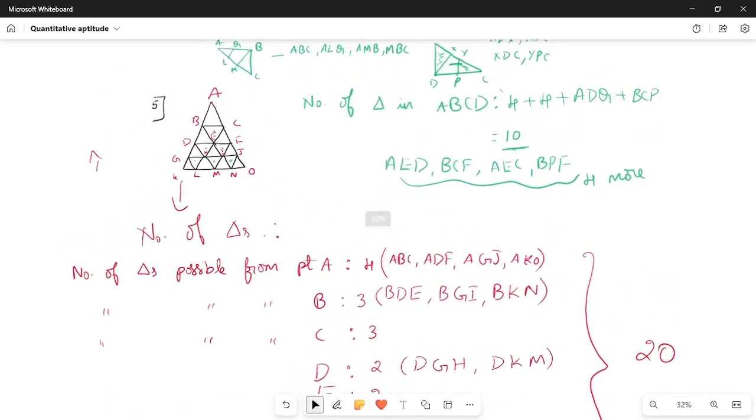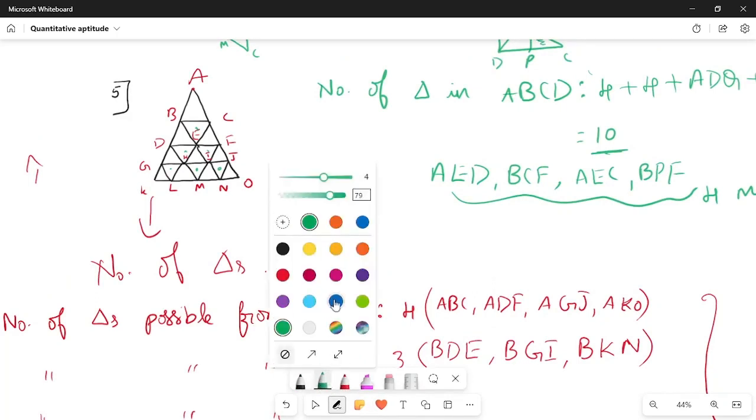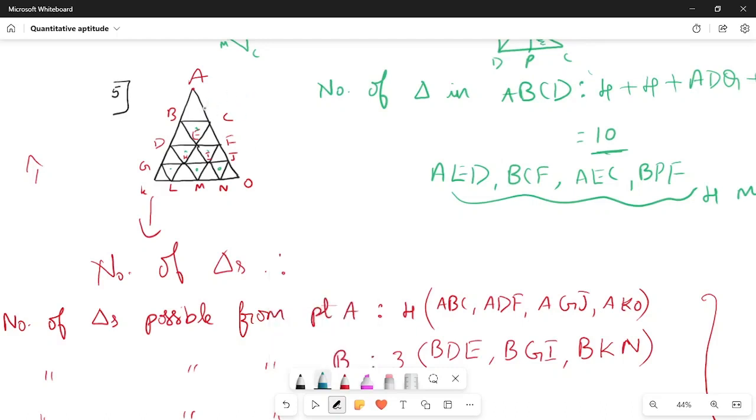Here there is one more approach for this, particularly when you have such graphs: solving by using a formula. What they do is consider the number of partitions or the number of triangles on each side. You can observe that each side has the same number, 1, 2, 3, 4. Here also 1, 2, 3, 4, and here also 1, 2, 3, 4.